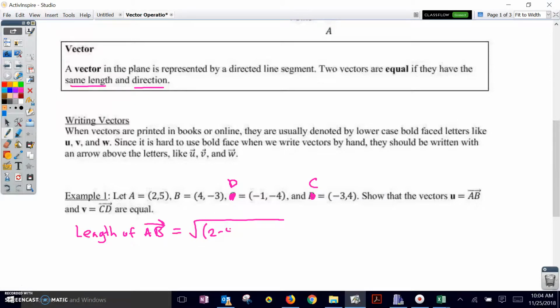Got 2 minus 4 squared plus 5 minus negative 3 squared. And if I go ahead and do those calculations, that's negative 2 squared plus 8 squared. And the length of AB is the square root of 68. I'm going to do the same thing to find the length of the vector CD.